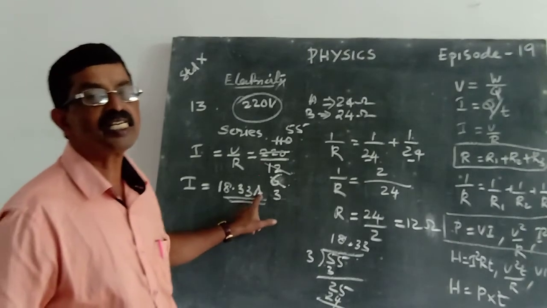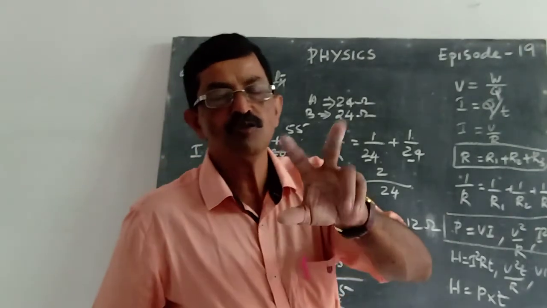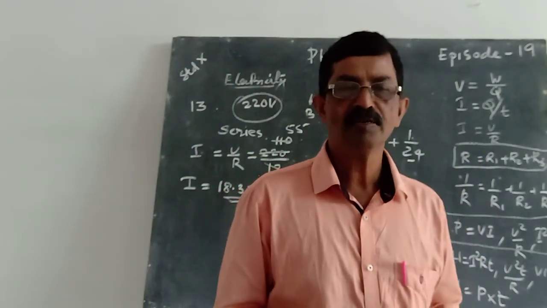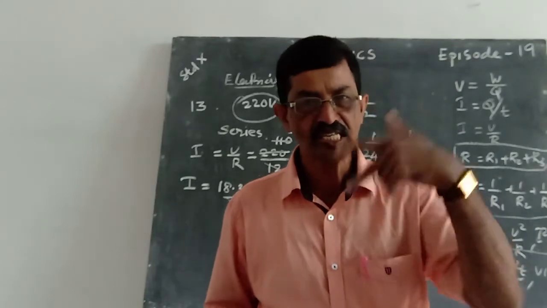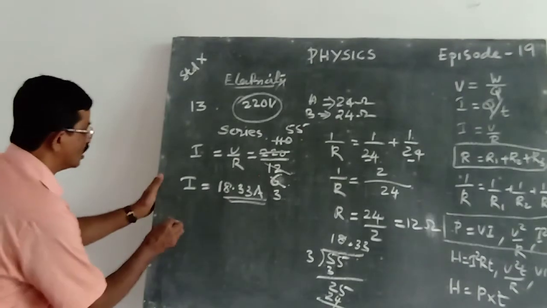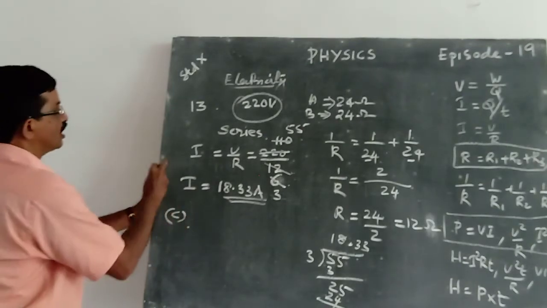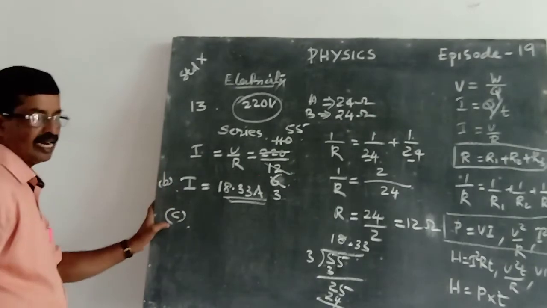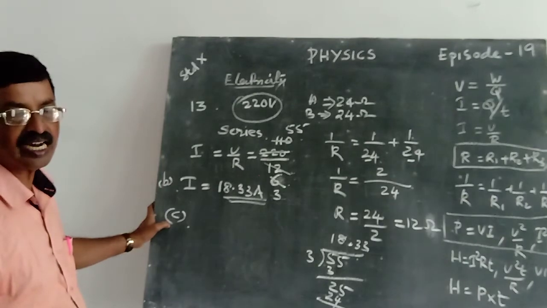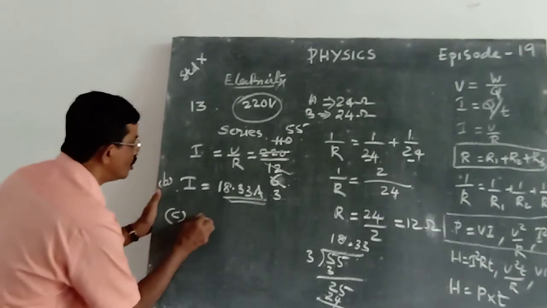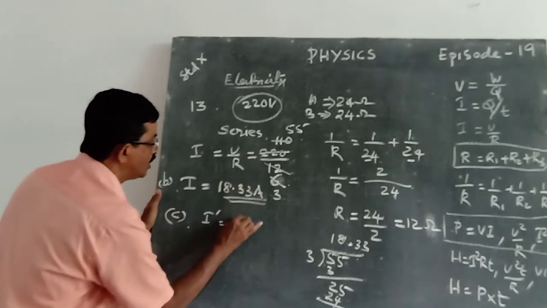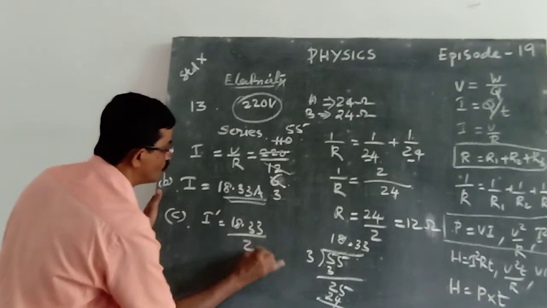This total current splits into 2 equal parts, because current through each resistor will be equal as their resistances are equal. So current through each resistor, that is the answer for C. Current through each resistor when they are in parallel, I dash, is equal to 18.33 divided by 2. That is how much?